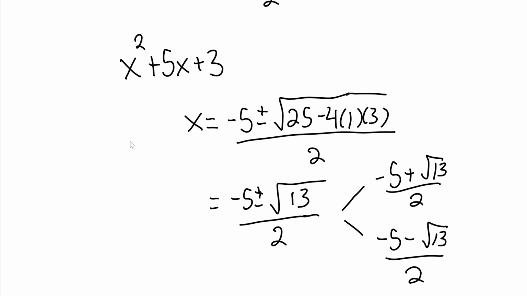There is a formula for cubics, third powers, and for quartics, fourth powers, but they're multiple pages long, so they're not really used in practice very much. And once you get to the fifth power, there actually does not exist a formula. You can prove that there's no formula like the quadratic formula for any polynomial of fifth degree or higher.